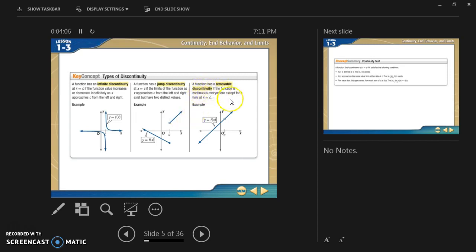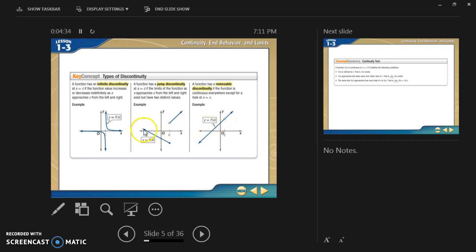A removable discontinuity: if you have a function that's continuous everywhere except at one hole, like this, at x equals c, then it's said to be discontinuous, but it's a removable discontinuity. Now, a continuous function means I should be able to put my pencil on the function and go through it without having to lift it for a point that's missing.